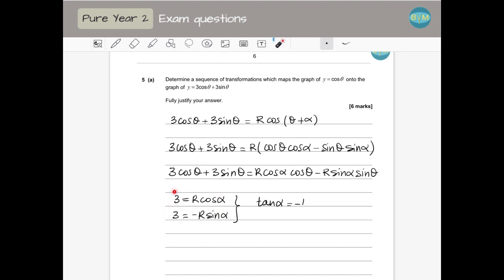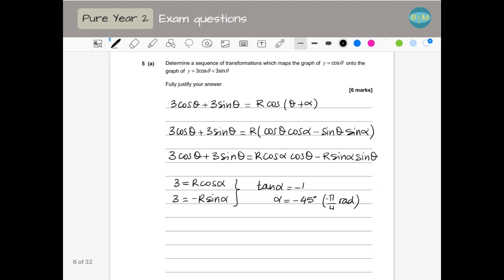If tan alpha is minus 1, that means alpha is minus 45 degrees, or if you want radians, minus pi quarter radians. It really doesn't matter.